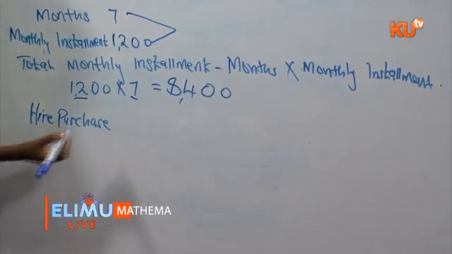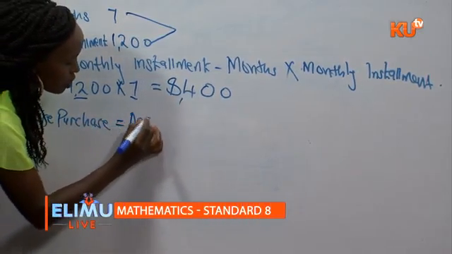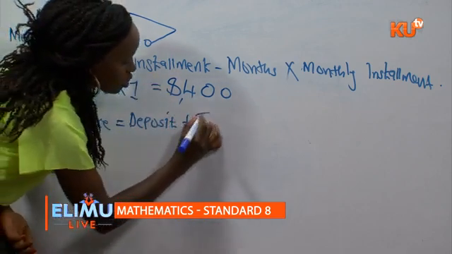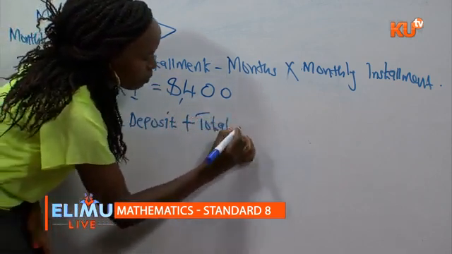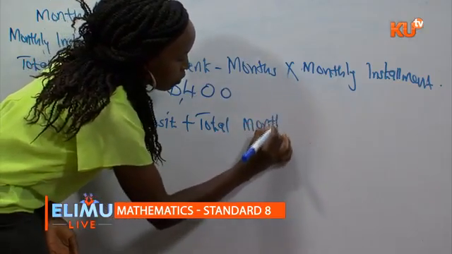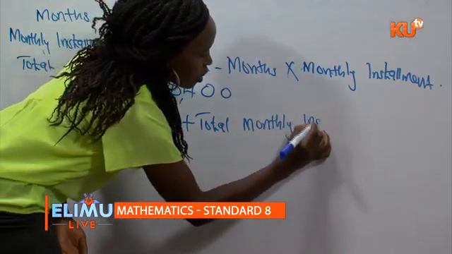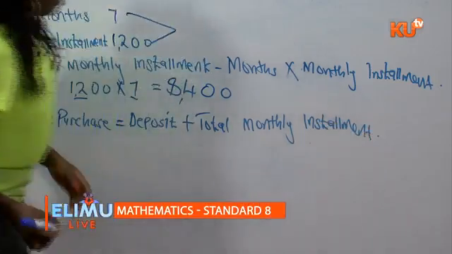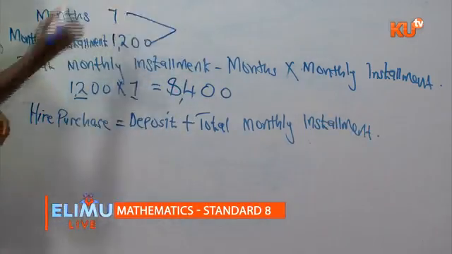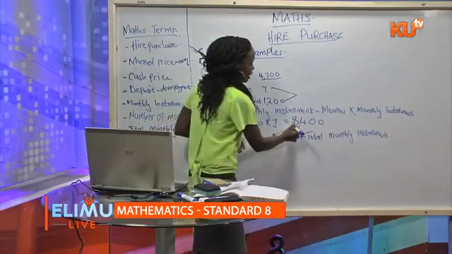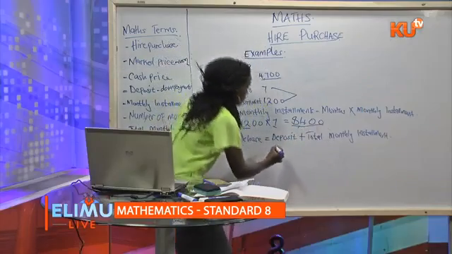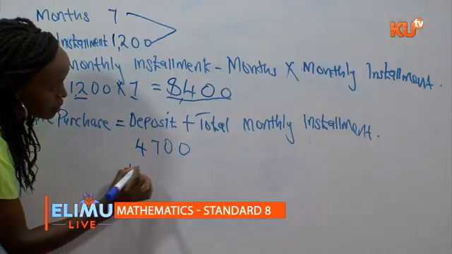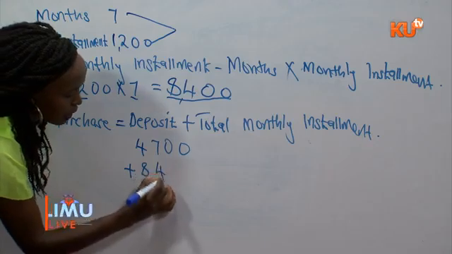So to get the hire purchase, we take the deposit and add the total monthly installment. So I'm going to take 4,700 plus 8,400.